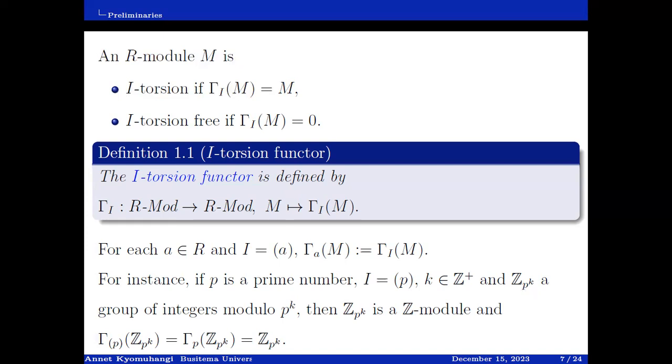We find that gamma with respect to this ideal is actually the same as gamma with respect to the element P. This also acts as an example for the I-torsion modules. Applying gamma onto this module Z/P^k actually fixes it. So we have a P-torsion module, which is Z/P^k.